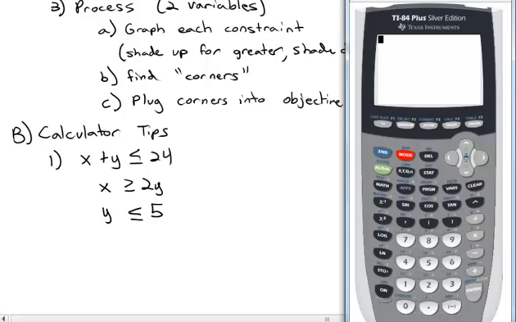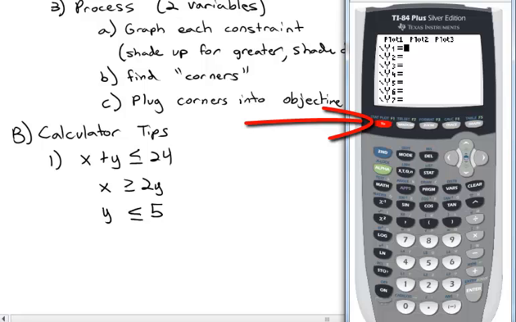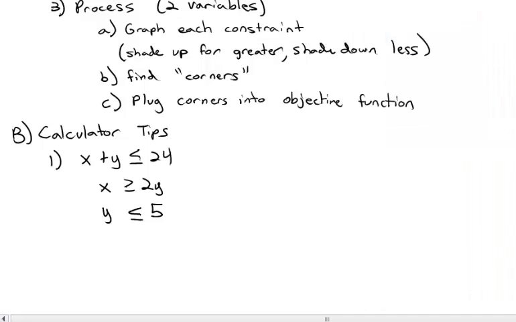On the calculator, there's a Y= button in the top left corner. If you hit Y=, we get all of these equations that y could potentially equal. This means we have to get everything solved for y in order to type it into our calculator. So we'll go back. The first equation, we subtract x from both sides, and we get y is less than or equal to 24 minus x.